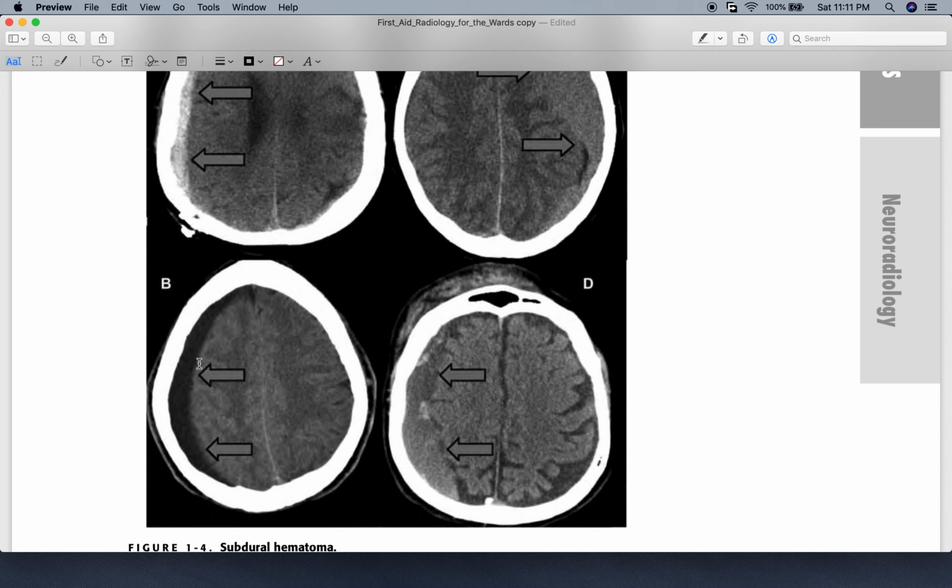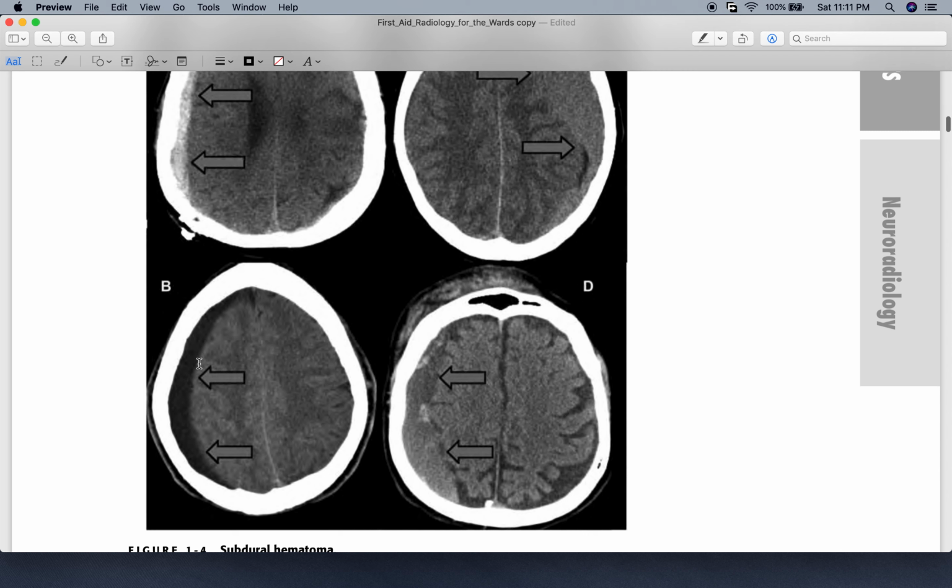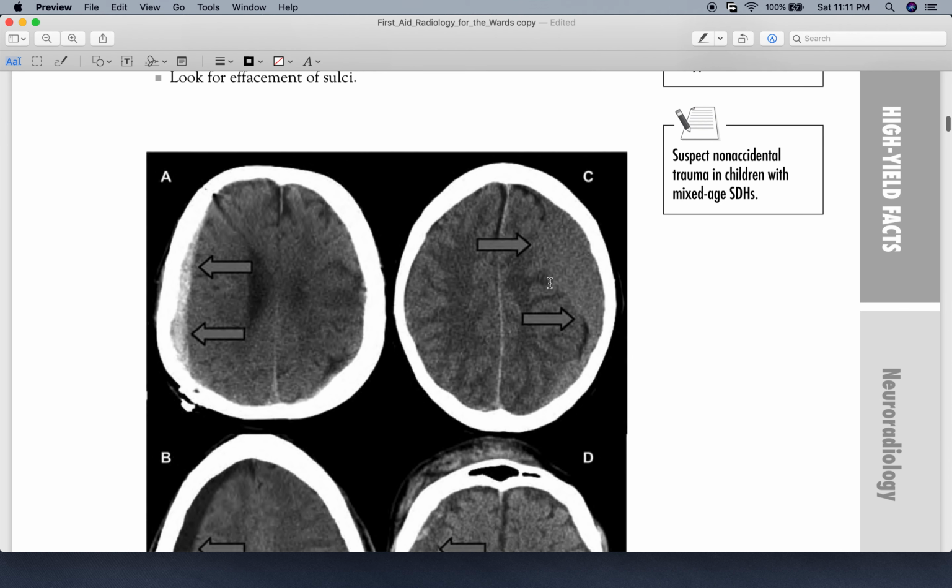For example, it could be a subacute hematoma. Okay. Picture C, we can see that here we have loss of the effacement of the sulci. This is another sign, and we can see that clearly. Here there is no effacement, here the effacement is still present, here the effacement is still present, as shown by the arrows.